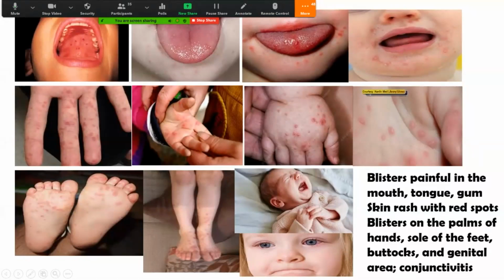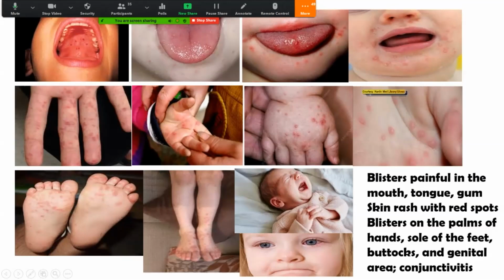This is the picture of a child who has hand, foot, mouth disease. Let's see, they have bitter spots in the hard and soft palate, on the tongue, around the mouth like this.